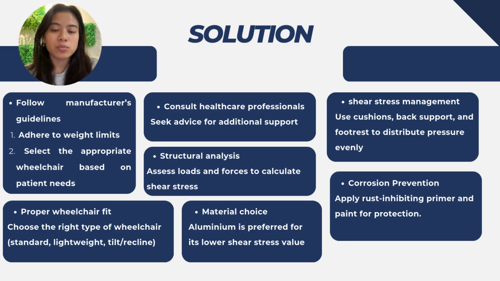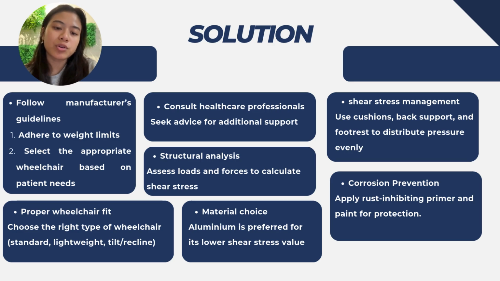When it comes to materials, aluminum is preferred due to its lower shear stress value, making it a suitable choice for constructing wheelchair frames. To manage shear stress effectively, using cushions, back support, and footrests helps distribute pressure more evenly, reducing the risk of stress-related damage.